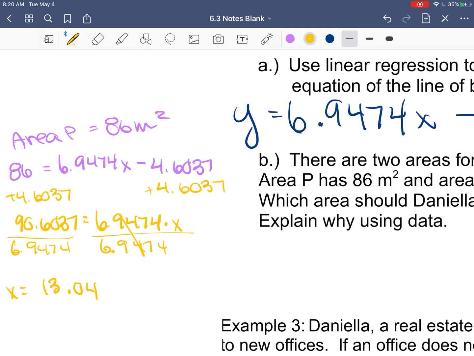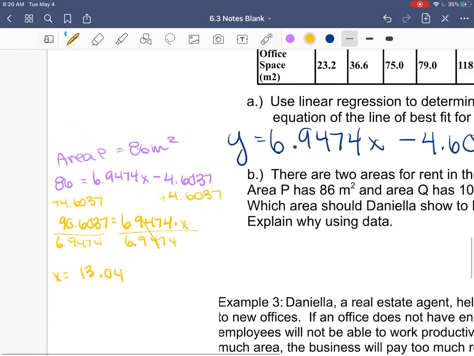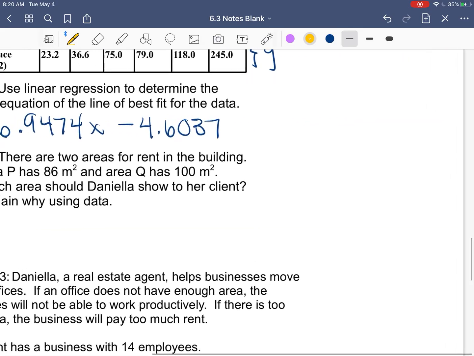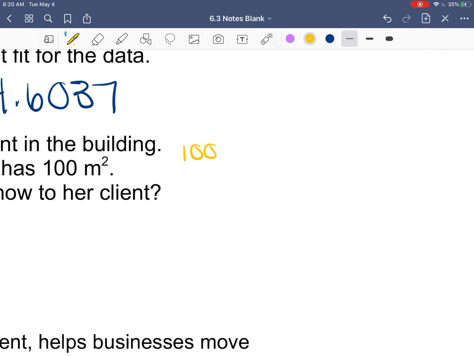So this area could only hold 13 people. Let's see what the other one can hold. 100 equals 6.9474x minus 4.6037.